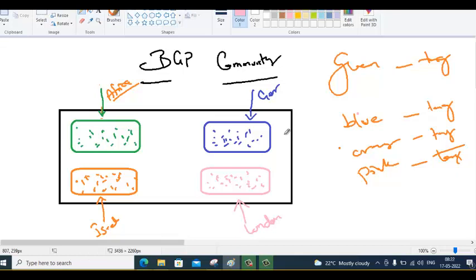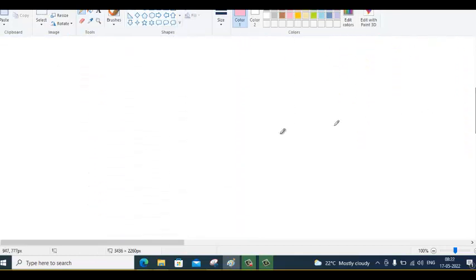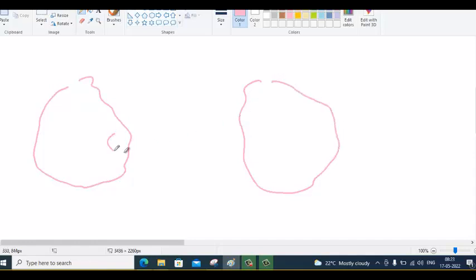Likewise, in networking, here is a customer. Here is a provider. There is an EBGP between this customer and the provider.